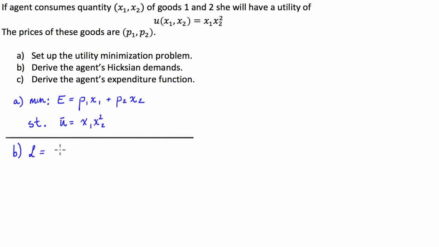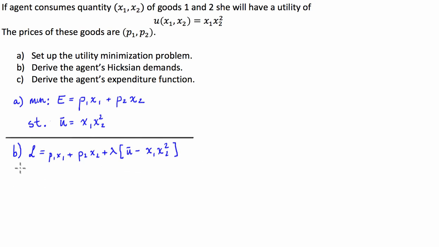L is equal to P1 x1 plus P2 x2 plus the multiplier times, now we make the constraint equal to 0, so we take everything over the other side. So we have U, the utility, minus x1 x2 squared, and that is our Lagrange formula.